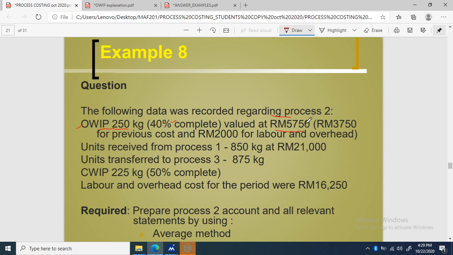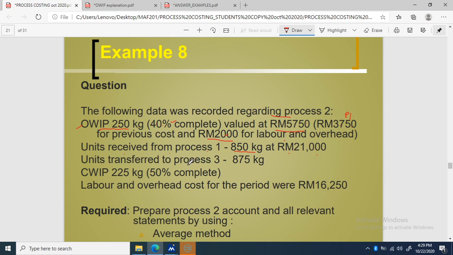That means from the 5750 OWIP, last period using P1, P1 is 3750, labor and overhead 2000. Unit received from P1 850 kg at 20,000 ringgit.